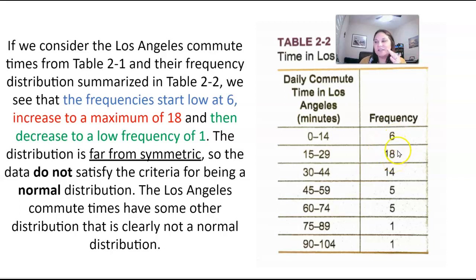And so this is not a normal distribution. It's far from symmetric. And so not every frequency table is going to fit a normal bell curve. So that concludes the slides here for this section.